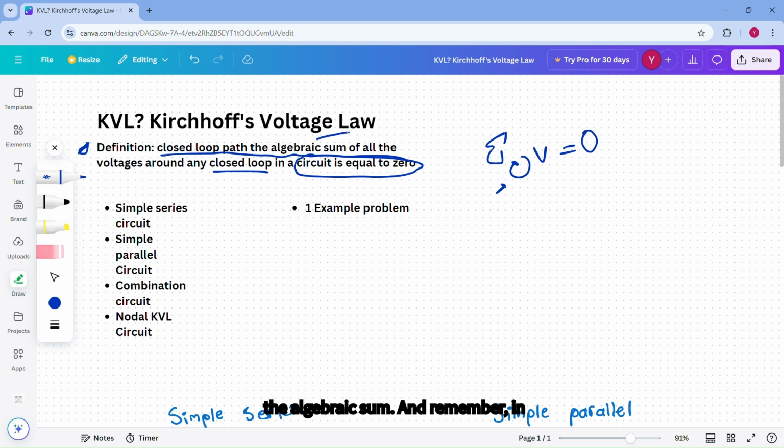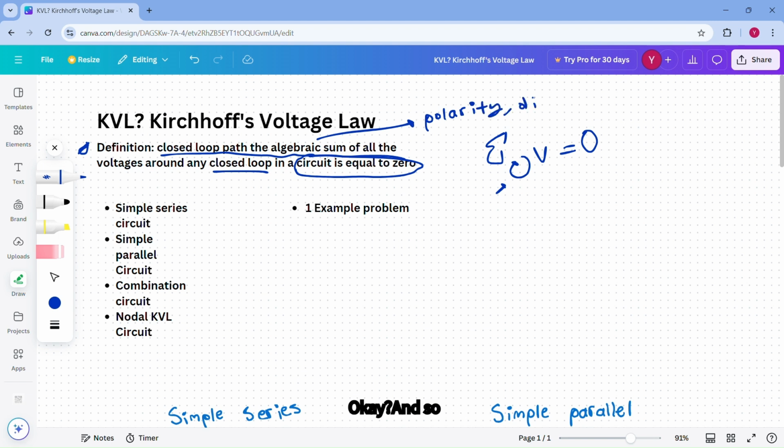It's saying the algebraic sum. And remember, in circuits, we can work with components that have polarity, where the direction matters, where the voltage drop or the voltage difference and which way it is matters. So this algebraic is important for polarity and direction.